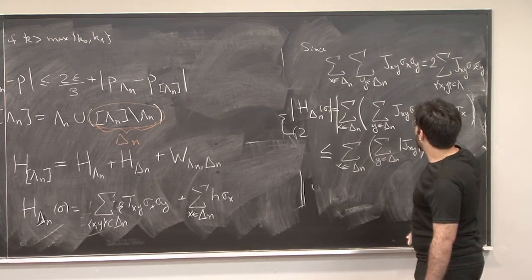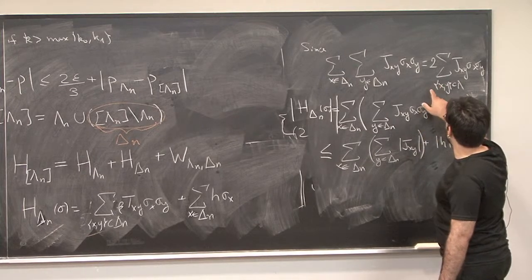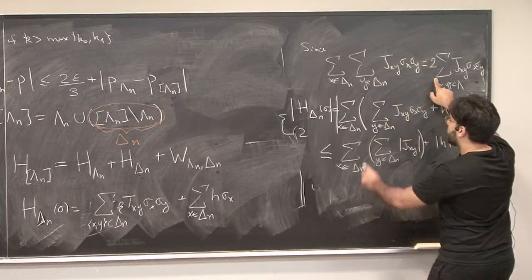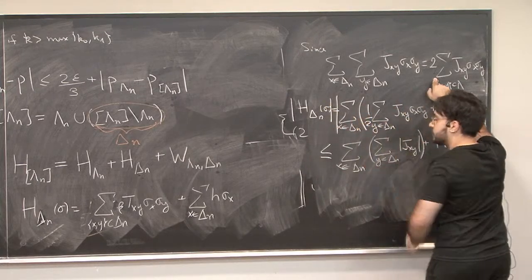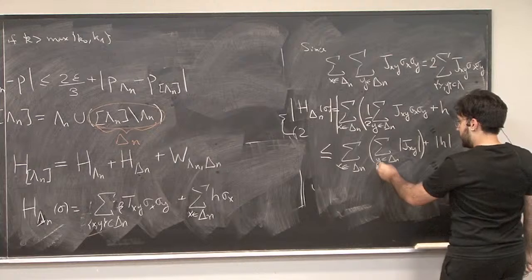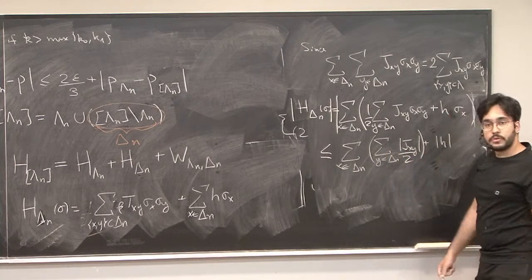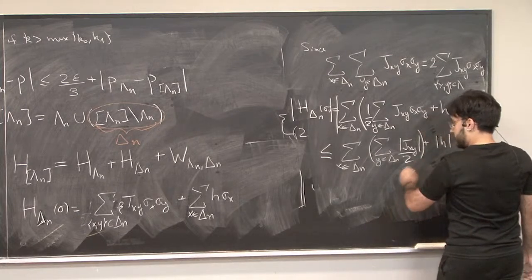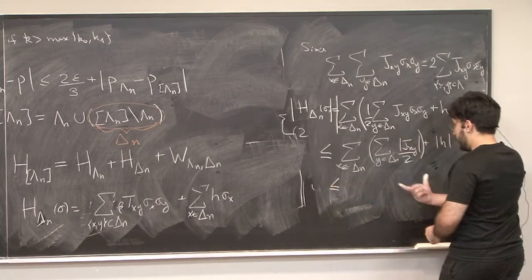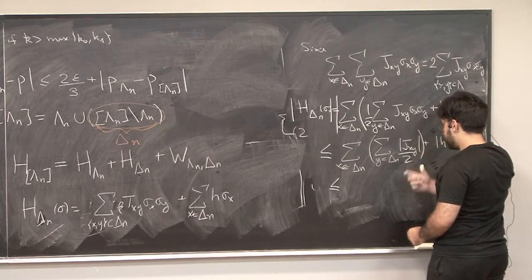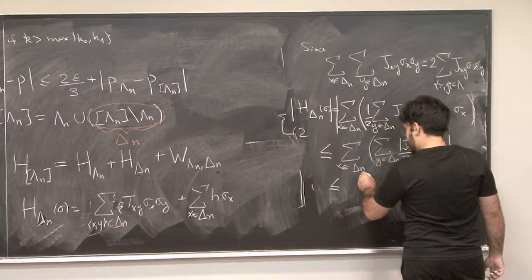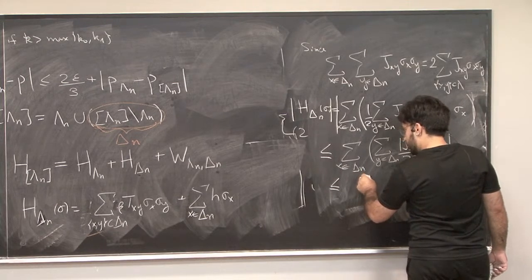From here to here, yes, exactly, because here you have 2 times the sum, so you actually have half here. Yeah, exactly. So I can put over 2 here. So this will give us, this is less than, by regularity, this is a constant, so I can bound this by a constant.